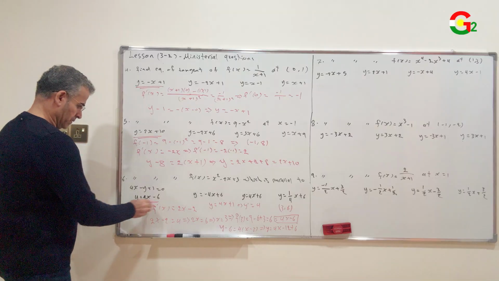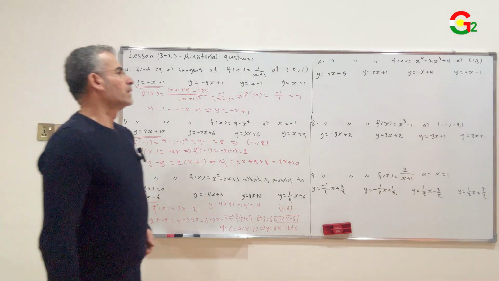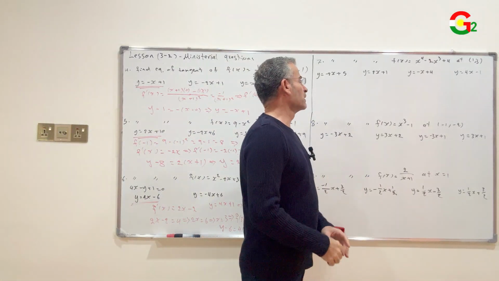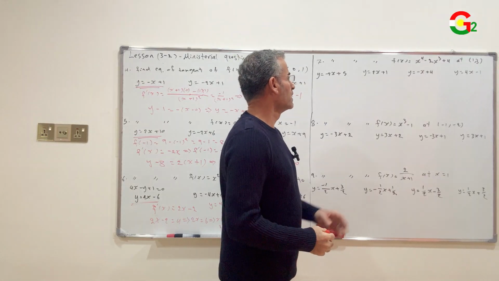Choice A. Number 7, find the equation of the tangent line to the function f(x) at the point (1, 3).